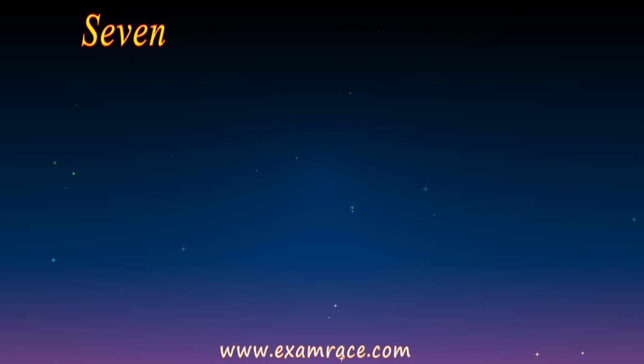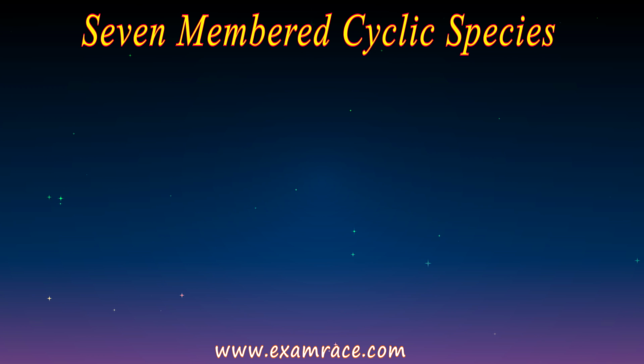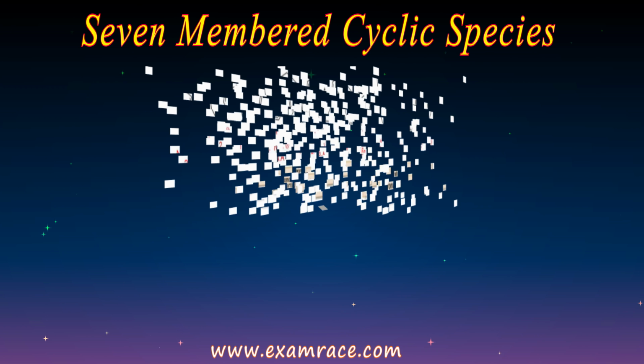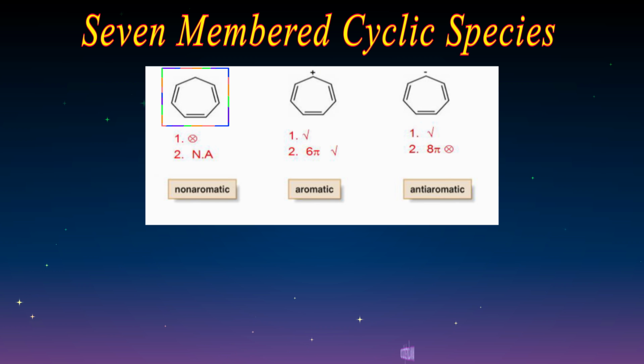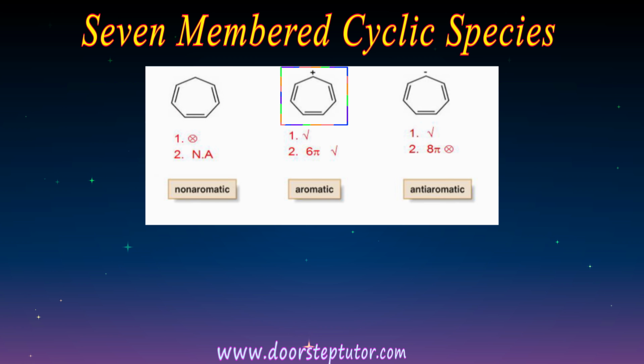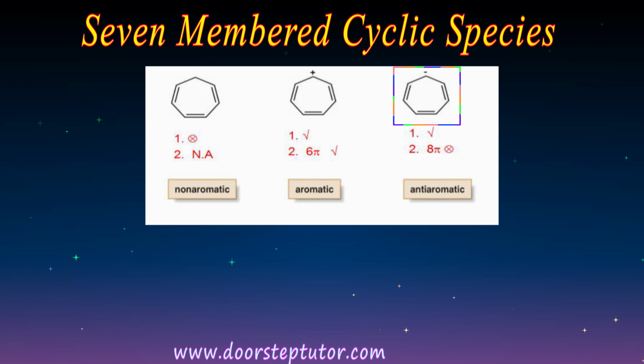Now let's see the aromaticity of seven-membered cyclic species. Here we have three compounds. First is cycloheptatriene, second is cycloheptatrienyl cation, and third is cycloheptatrienyl anion.